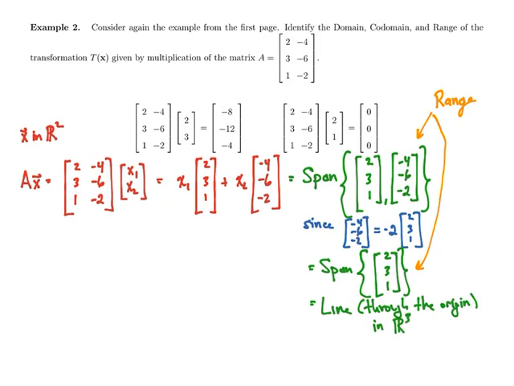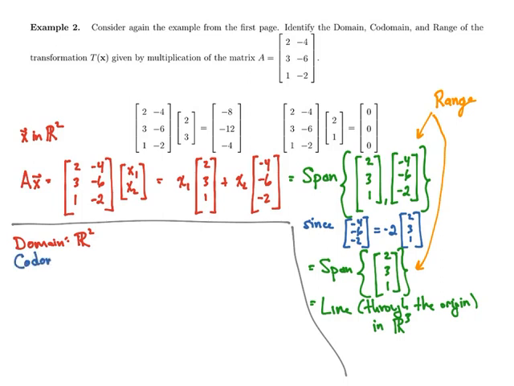So when we're talking about domain, codomain, range, the domain here is all of R2. You can plug in any two real numbers into x1 and x2. There's no constraints on there. Our codomain is where our outputs are going to live.